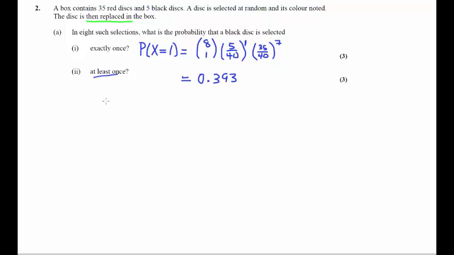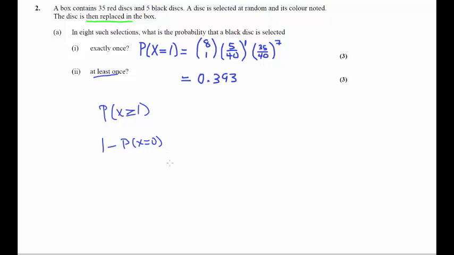So you have 2 options here. You could, on your calculator, figure out the probability that X is greater than or equal to 1, or you can think of it as 1 take away the probability that X equals 0. And like I say, on your calculator, you can use either of these 2 choices.